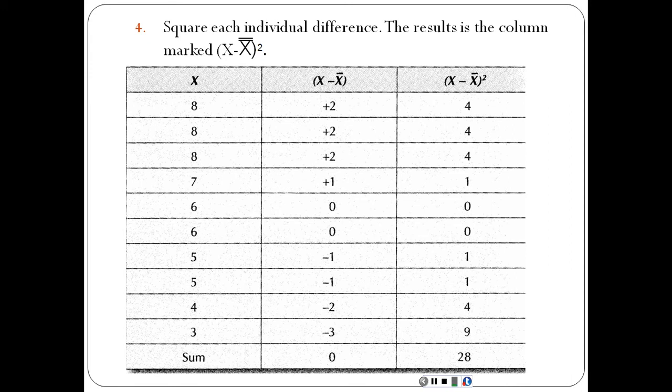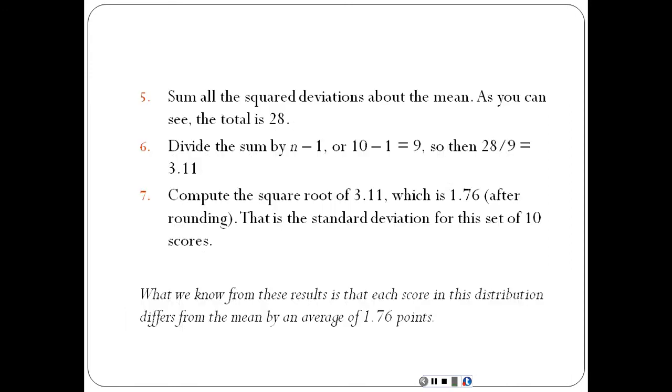You add all of them up, and that gives you a total of 28. So sum all of the squared deviations. The total is 28. Now we're going to divide the sum by n minus 1. Remember, our n is 10, so 10 minus 1 equals 9. So we have our total 28 divided by 9, which gives us 3.11.